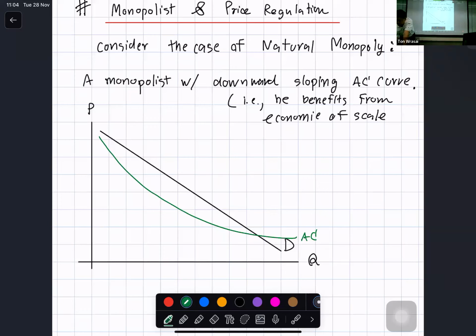Downward sloping, which represent economy of scale. Cost per unit become cheaper when he produce large amount of output. If average cost is falling, that means marginal cost, if we draw, marginal cost must be below average cost.